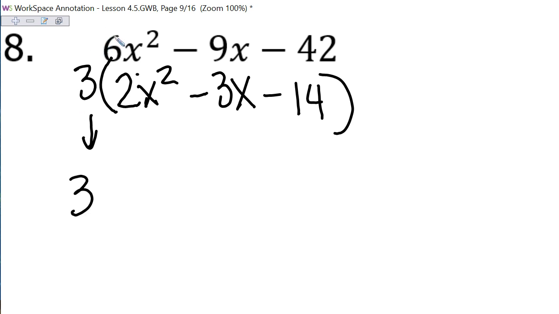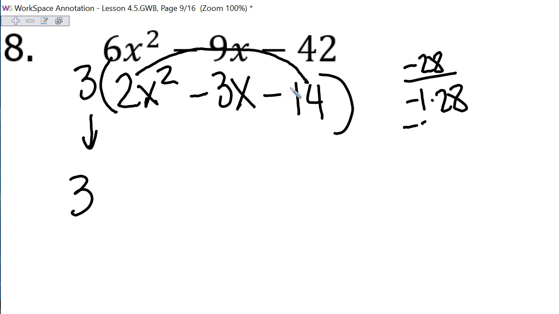So we'll have to do 2 times negative 14. And what's 2 times negative 14? Negative 28. So this would be negative 1 times 28. Negative 2 times 14. Negative 4 times 7.